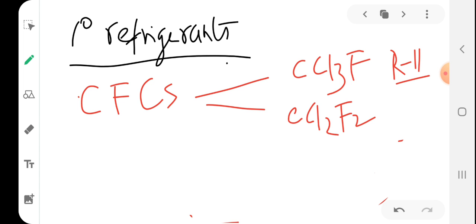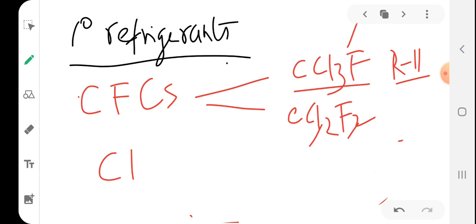CCl2F2. This is difluoromethane, not carbon, this is methane, right? So this is trichloromonofluoromethane, and this is dichlorodifluoromethane. Why?